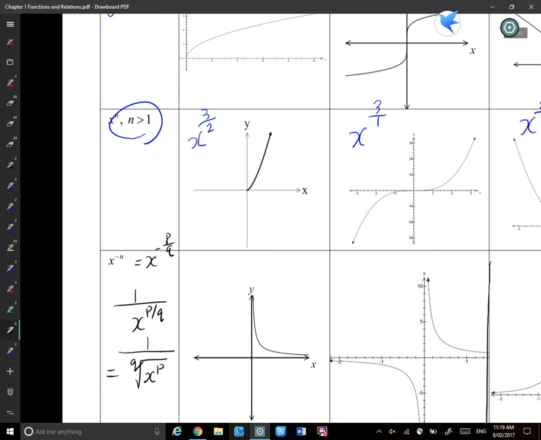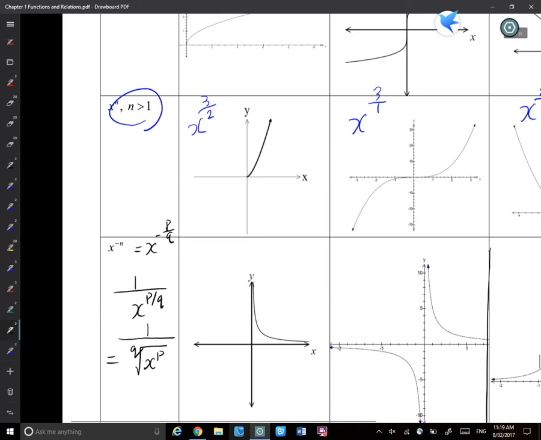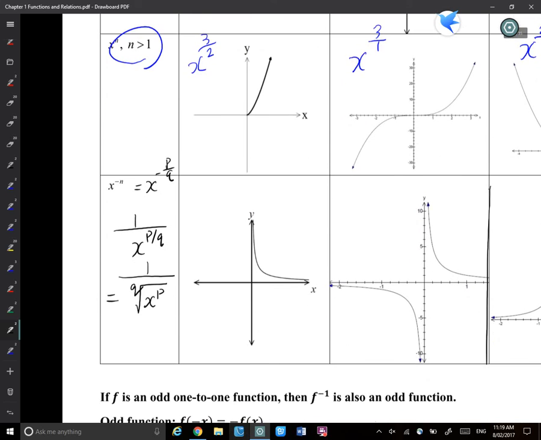So now let's go back. In the negative part, we don't really care whether p over q is greater than 1 or smaller than 1. We only have one type of graph for the negative values. So we have 1 divided by x to the power of p over q.